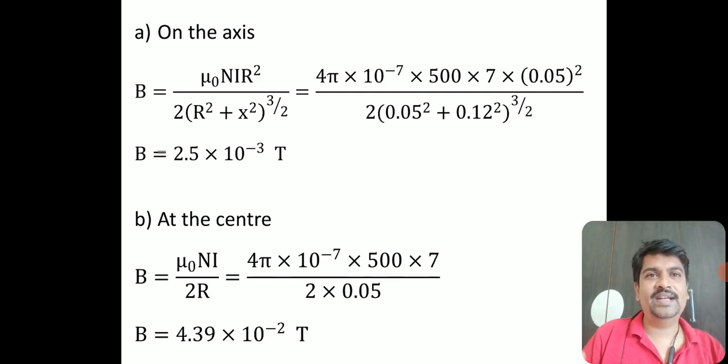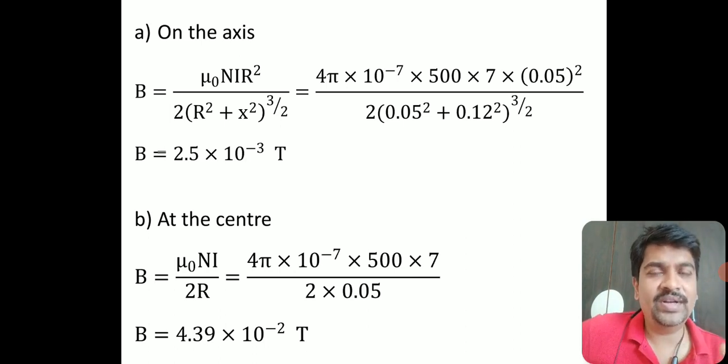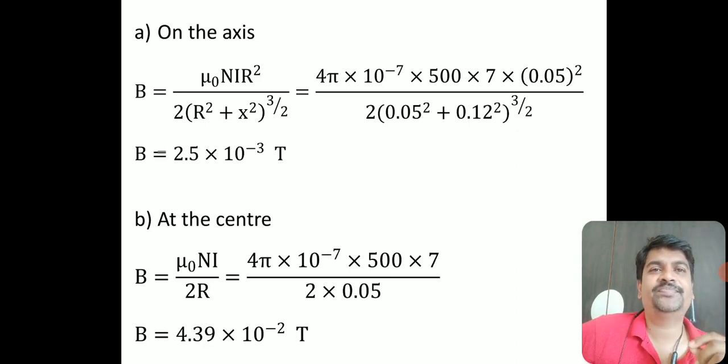The magnetic field on the axis of the coil is mu naught N I r square divided by 2 into (r square plus x square) whole to the power of 3 by 2. I can define the terms involved there. You know mu naught is permeability, N is the total number of turns in the coil, I is the current flowing through the coil, R is the radius of the coil, and X is the distance where you are finding the magnetic field.